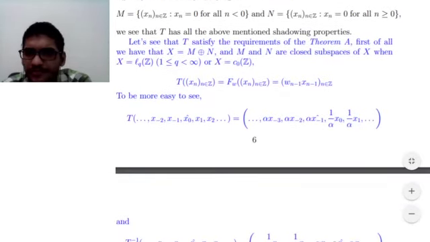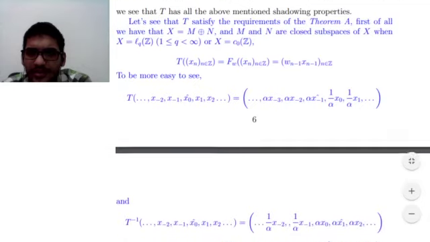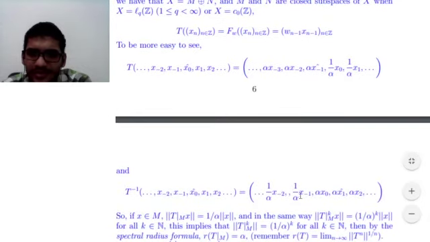So this is T, and T minus 1 is this. So you can see here that the sequence of weights change the side.